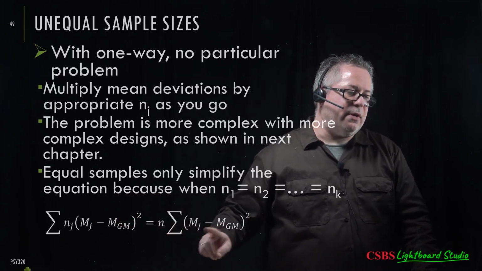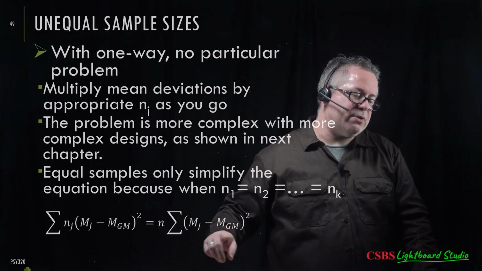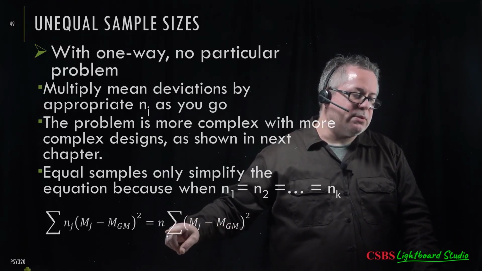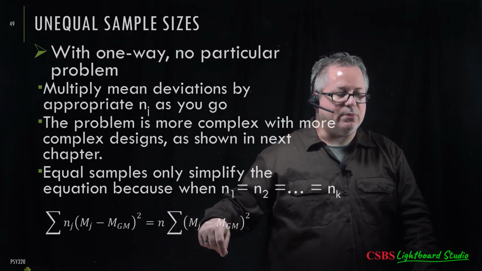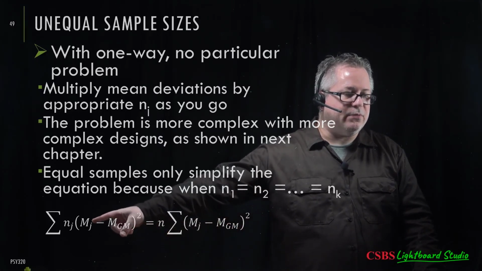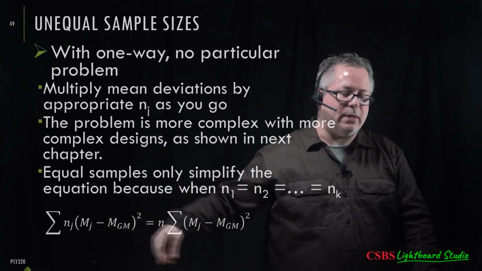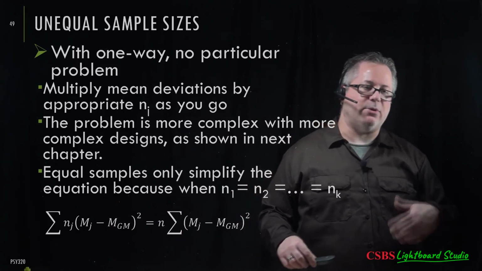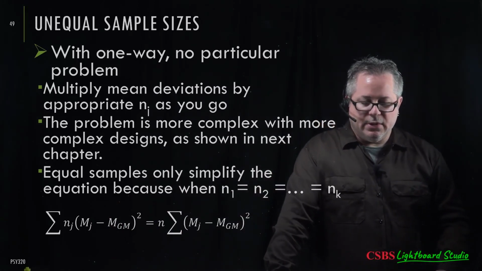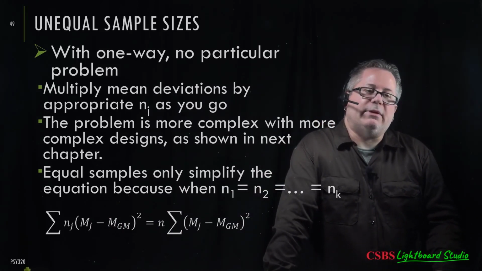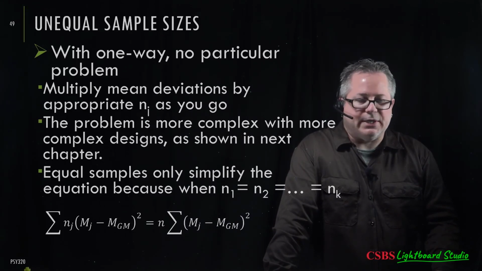You can sum all the squared deviations up and multiply by n once. So it does simplify things if the n's are equal. But when they're not equal, it doesn't really affect things. It just means that you're having to multiply by the different n each time you do a deviation, which is maybe more tedious, but it doesn't change much of anything.